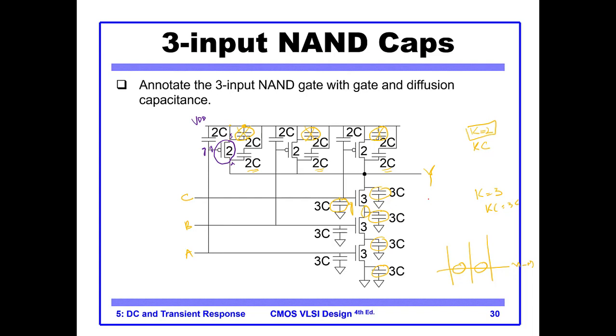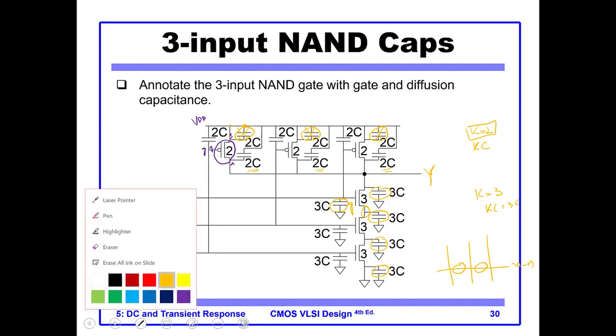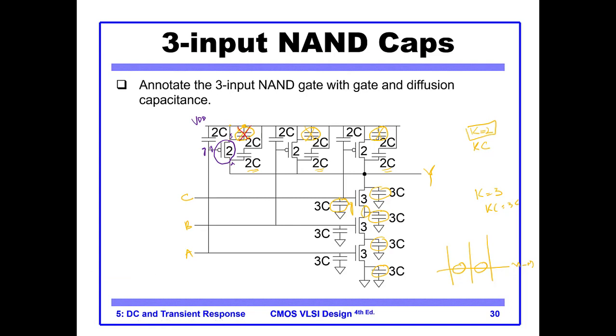Now if we remove these transistors, these capacitors which are shorted, and we sum up all capacitors at input and at output, what will happen?